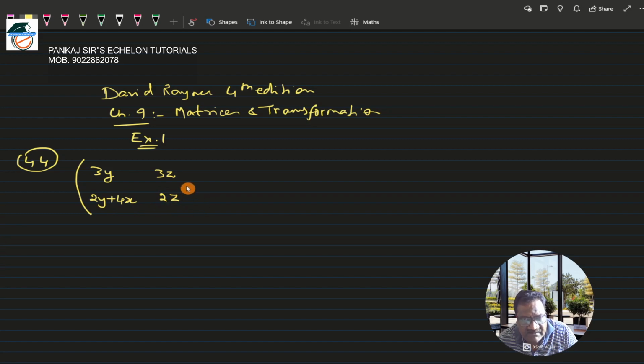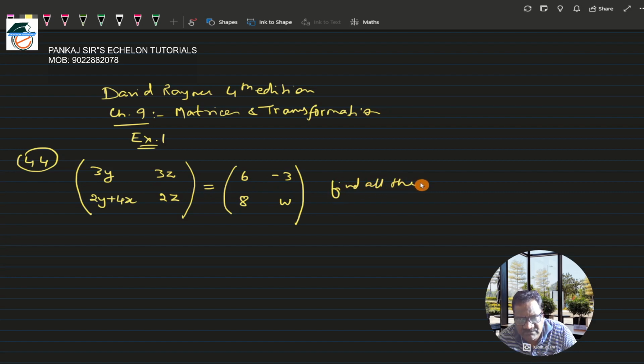This is equal to 6, minus 3, 8, and a w. So this is the question, and you are asked to find all the unknowns. Which are the unknowns over here? There's an x, a y, a z, and a w. So there are 4 unknowns that you have to find out.